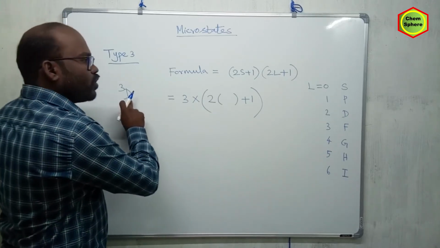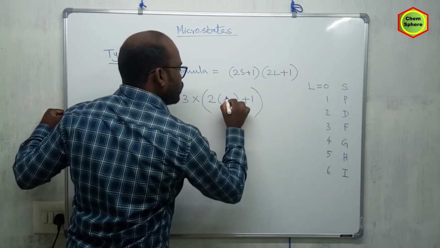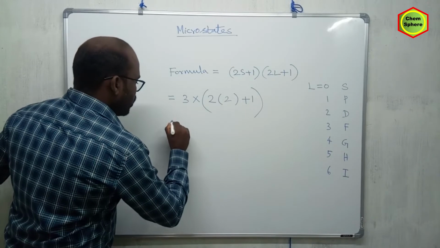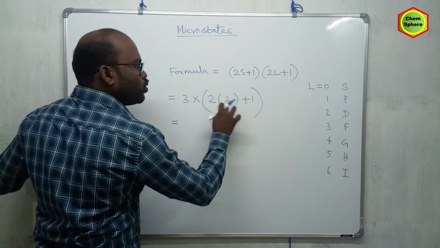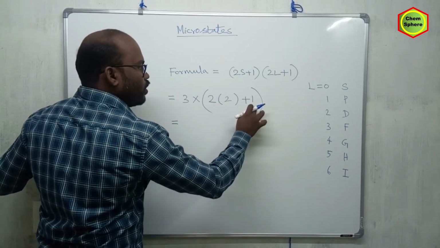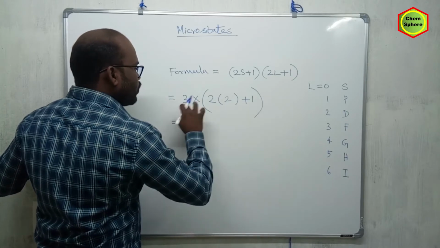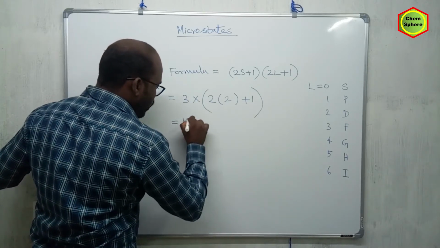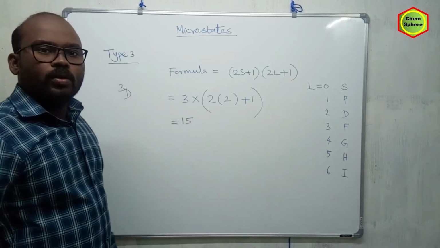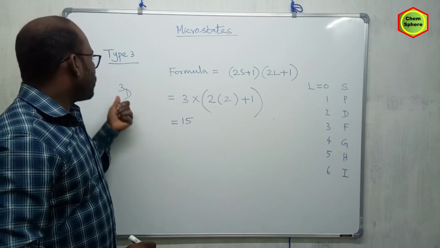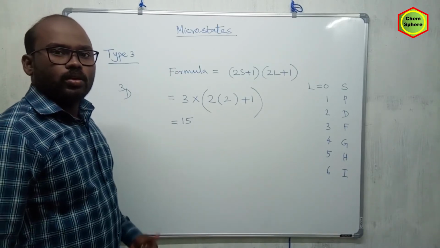So now here for D, L is 2. So 2 into 2, 4, 4 plus 1, 5, 5 into 3, 15. 15 is the total number of microstates for this particular question.